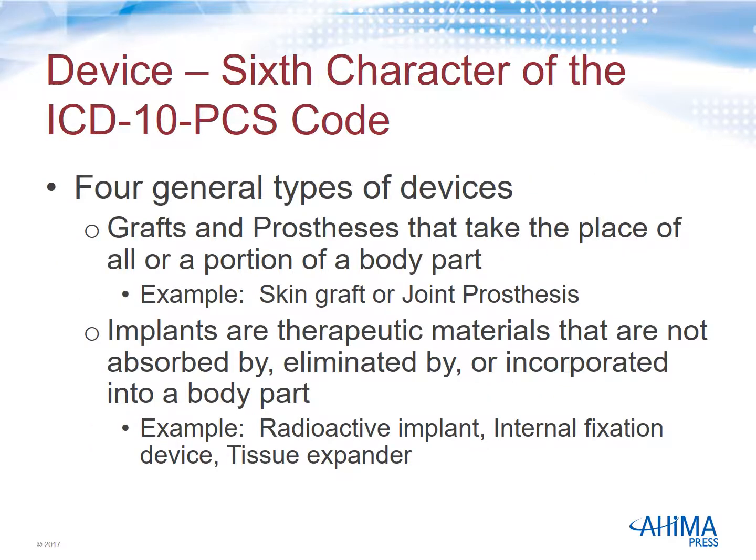There are 4 general types of devices: grafts and prostheses that take the place of all or a portion of a body part, such as a skin graft or a joint prosthesis. Implants are therapeutic materials that are not absorbed by, eliminated by, or incorporated into a body part. An example is a radioactive implant, internal fixation device, or tissue expander.